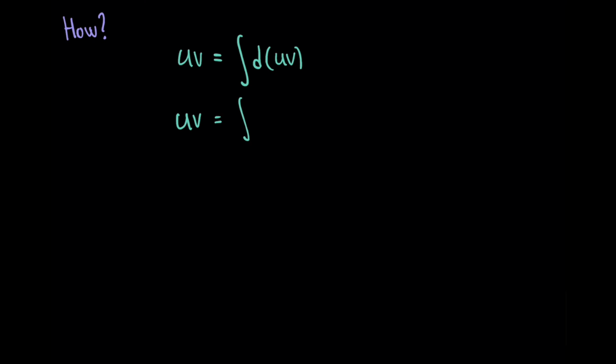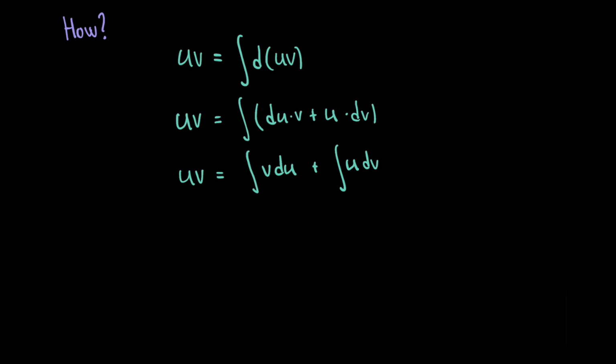So by the product rule, the inside of the integral is equal to du times v plus u times dv. And then by integration rules on the right-hand side, we have that this is equal to the integral, just by swapping the order of these two elements, v times du, and then plus the integral of u dv.